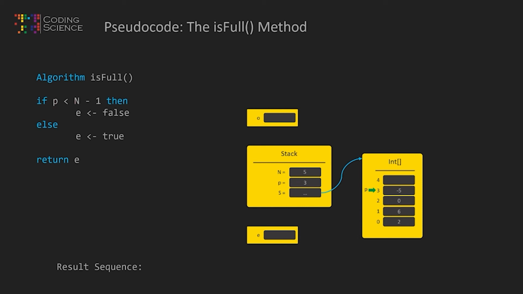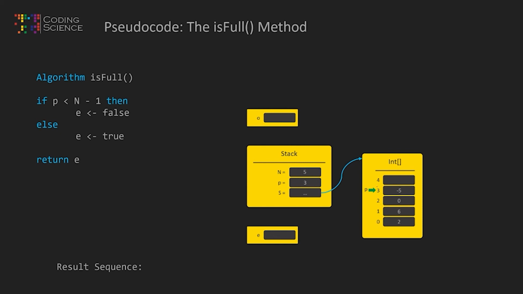So if p is inferior to n-1, n is the number of elements, we want to know if it's inferior to the maximum index, the highest index in the stack, and the highest index is always n-1. Like we talked about earlier, we start at 0 and we add 5 elements.